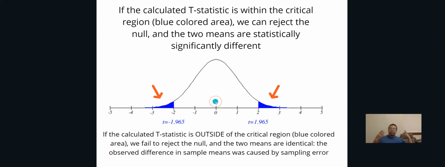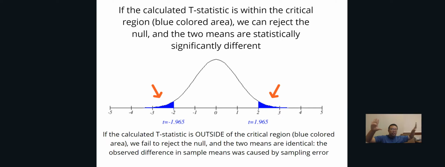So after calculating the t-statistic in the next slide, if the calculated t-statistic is in this shaded area, so if the statistic is bigger than 1.965 or smaller than negative 1.965, it means that we reject the null hypothesis.